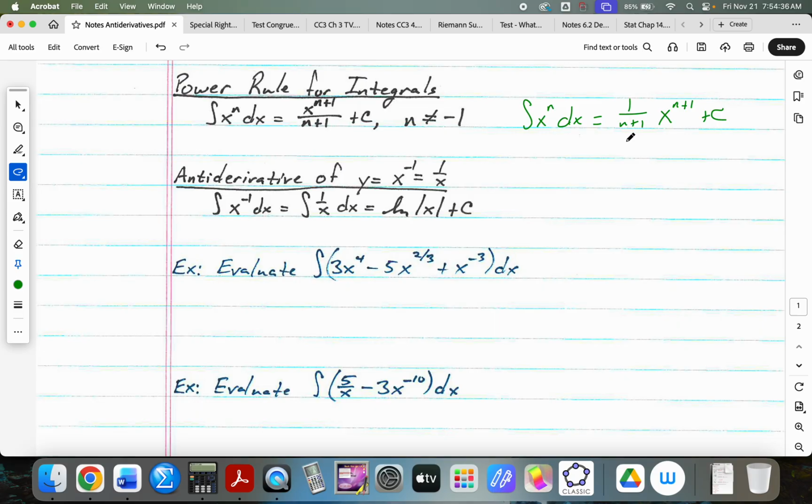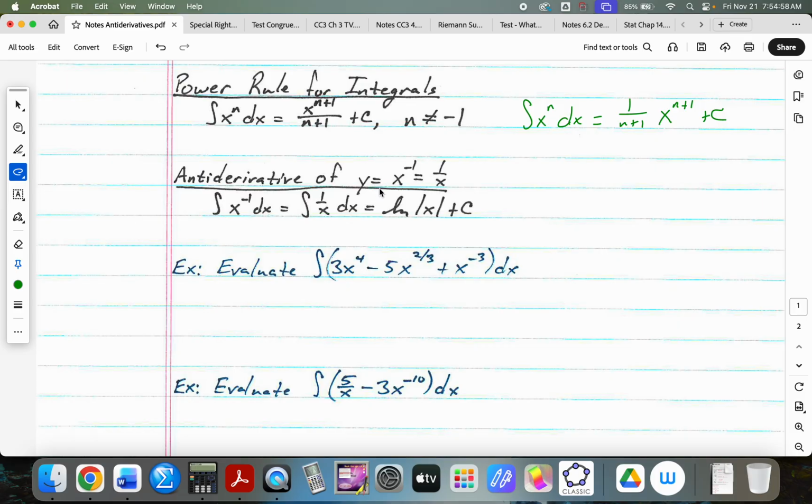You multiply by the reciprocal of the new power. It's not always underneath the x. In fact, unless n is a whole number, I almost always write it out in front.